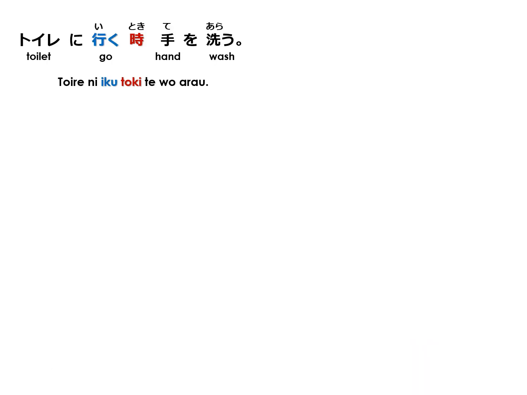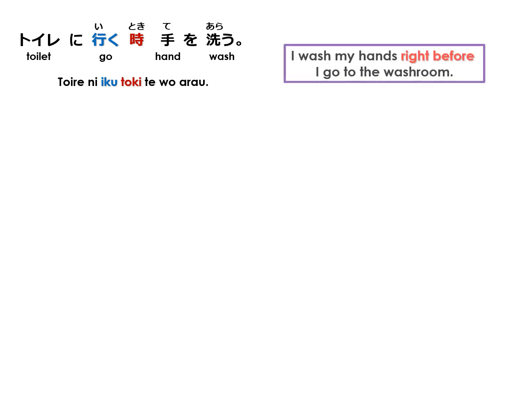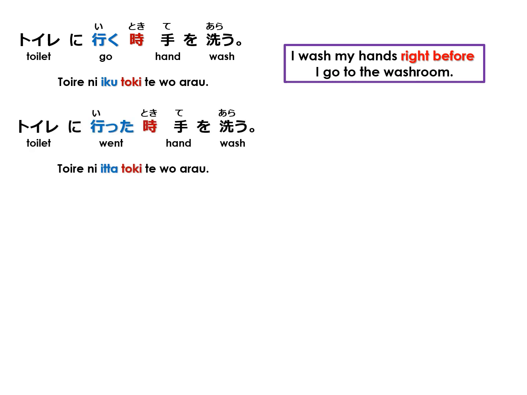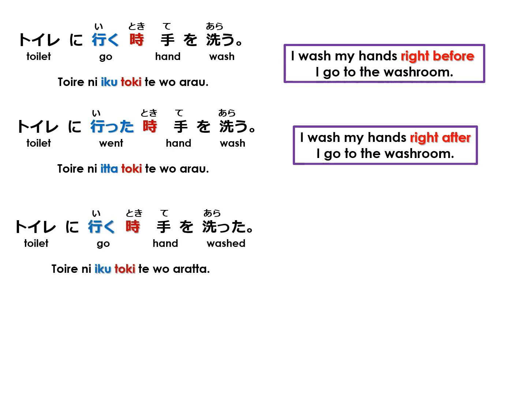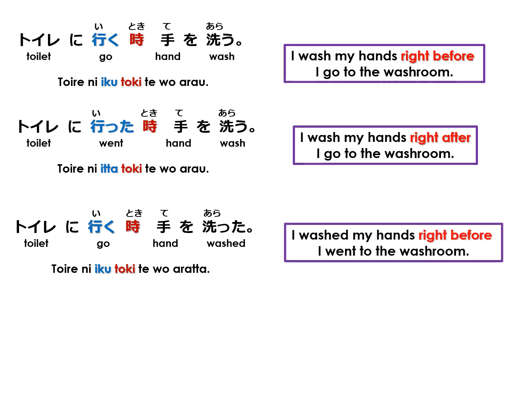Last combination example. トイレに行くとき、手を洗う。In English, I wash my hands right before I go to the washroom. トイレに行ったとき、手を洗う。I wash my hands right after I go to the washroom. トイレに行くとき、手を洗った。I washed my hands right before I went to the washroom.